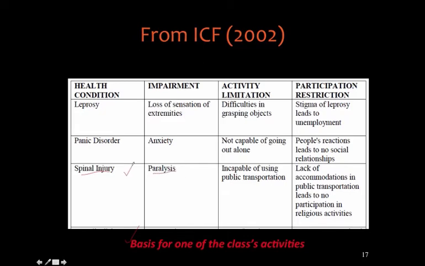So the spinal injury is the cause, but this is the outcome of that, which is paralysis. The activity that this person would be unable to do, incapable of doing, would be using public transportation. So that's activity. And that then restricts their participation, so they're not able to do certain things. Here they give an example that they're not able to, in this case, participate in religious activities because they couldn't get public transportation. So that's the sort of logic.